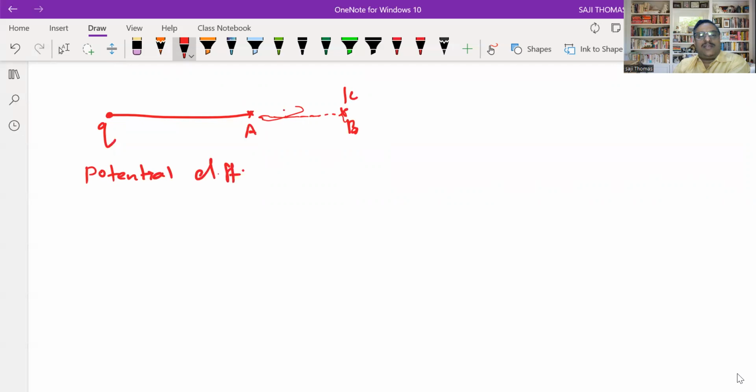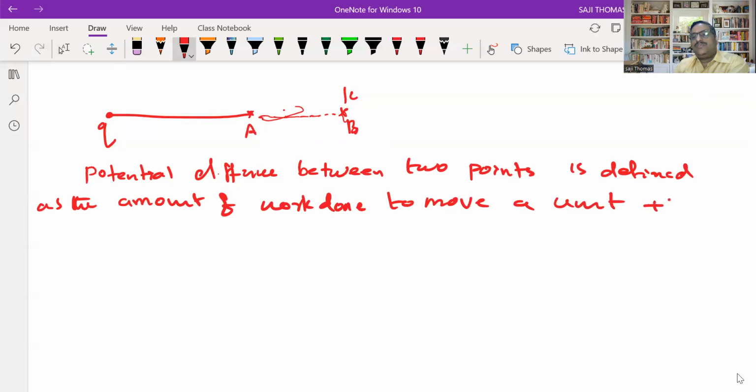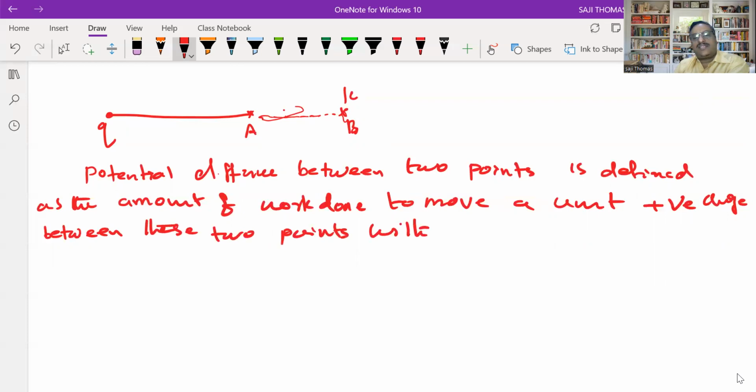Potential difference between 2 points is defined as the amount of work done to move a unit positive charge, that means 1 coulomb charge, between these 2 points without acceleration.